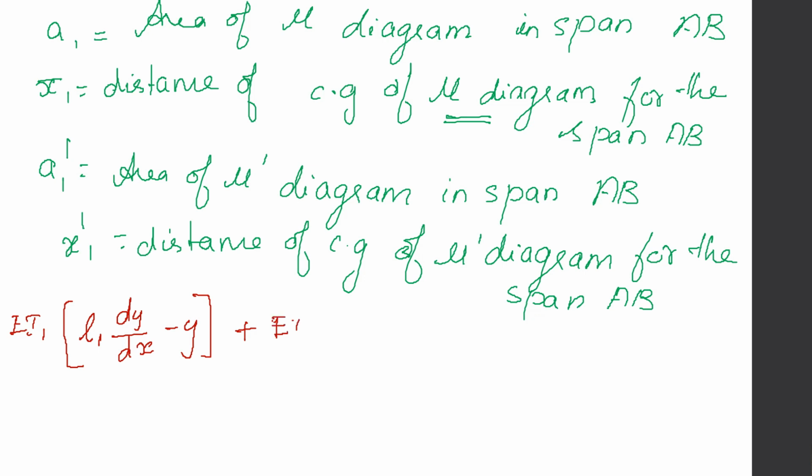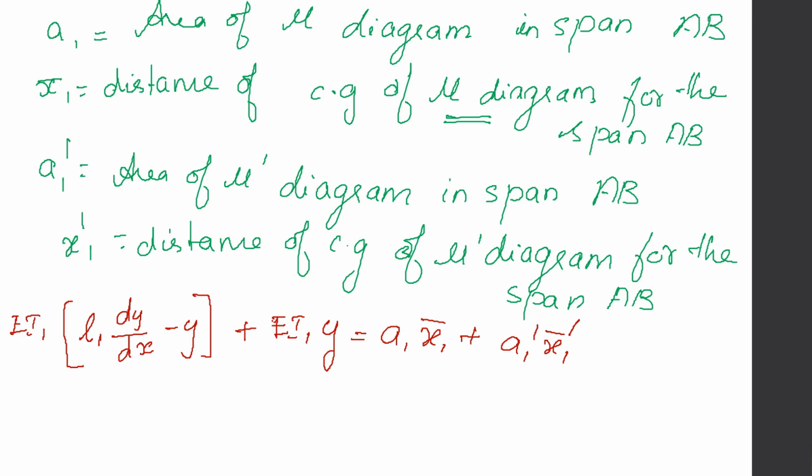So EI1 into y, this is for the next value, is equal to A1 x1 bar plus A1 dash x1 dash bar.